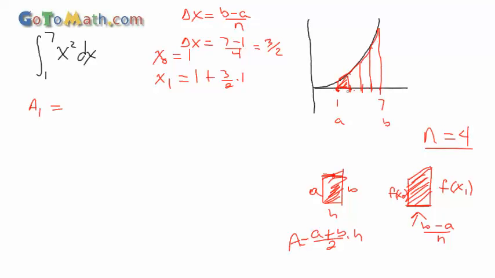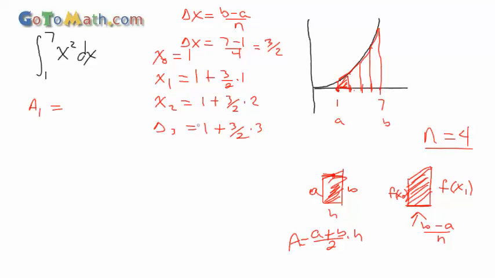And then we say x of 2 is equal to 1 plus 3 halves times 2, or you could think of this as the second delta x. This is the first delta x, and then the second delta x, third delta x, and fourth delta x. So x of 3 is equal to 1 plus 3 halves times 3, right?